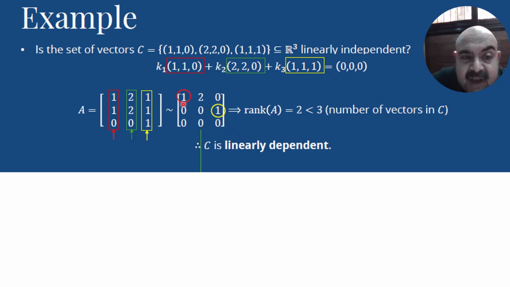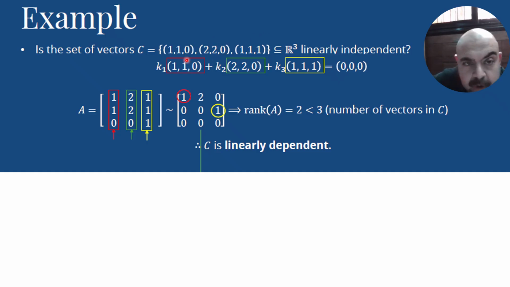The pivot of the second column is missing, which means also the first column, since the pivot exists, is a linearly independent vector. And since the pivot of the third column already exists, then the third is also a linearly independent vector. And these 2 vectors can generate the middle vector. So the first and the third are linearly independent, and the middle vector is dependent on one of them.